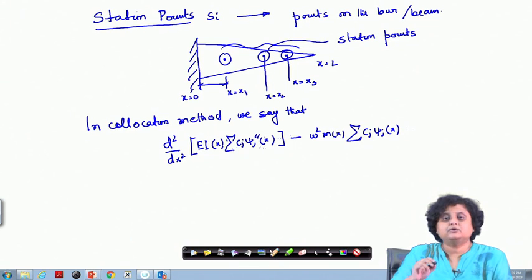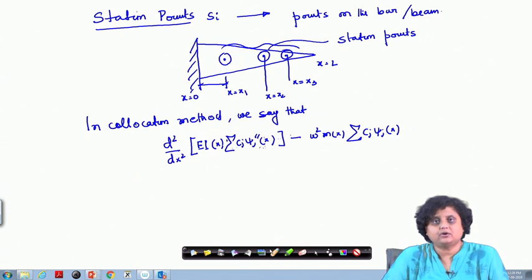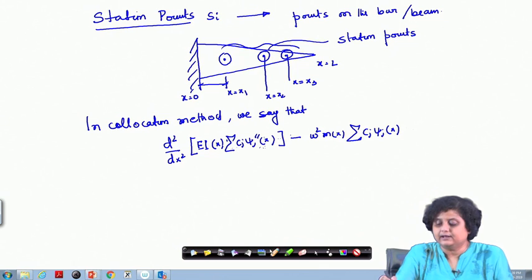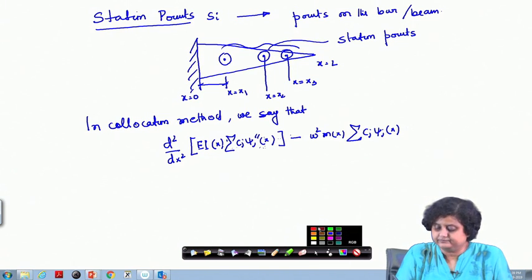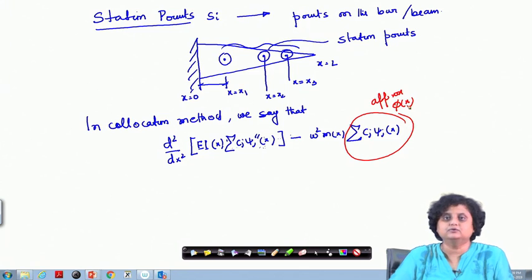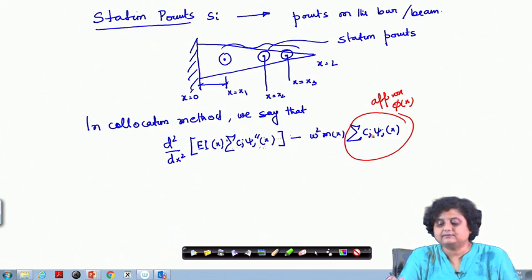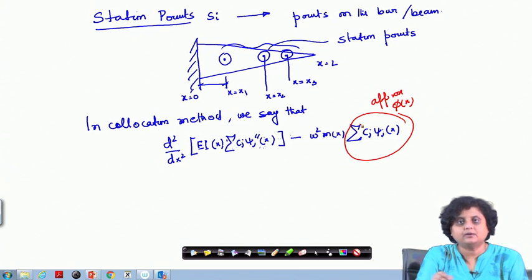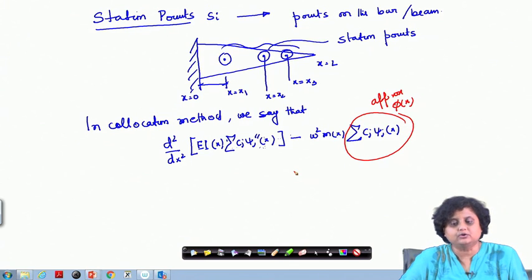Since this is an approximate solution, this approximate phi x is not the exact solution. Therefore, this approximation does not make this equation equal to 0.